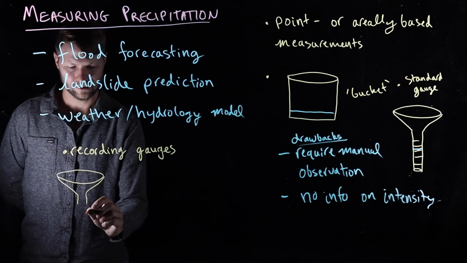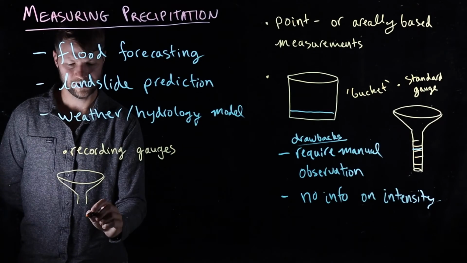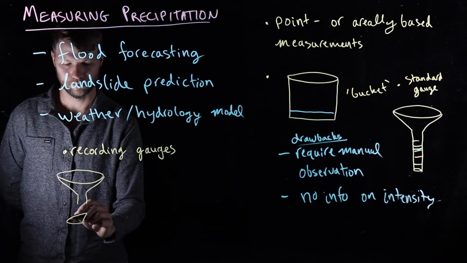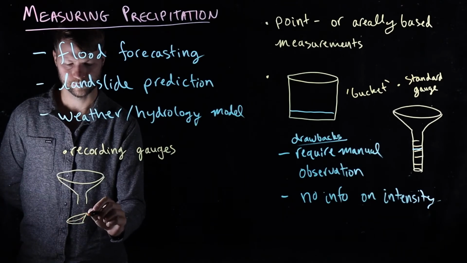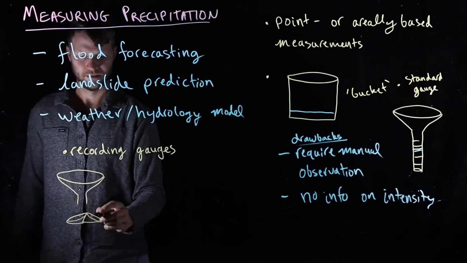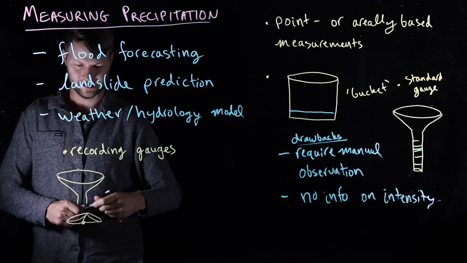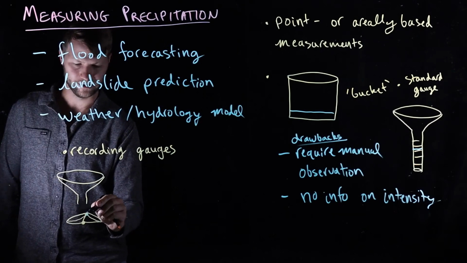But then down here, instead of there being a graduated cylinder, there are these two little buckets that are kind of inclined. And there's a pivot point right here. And there's usually a little magnet right here.